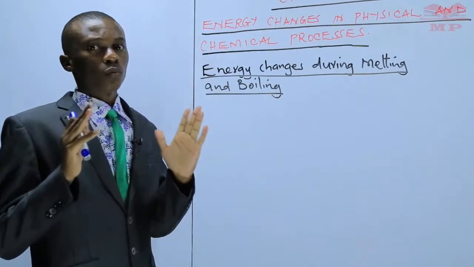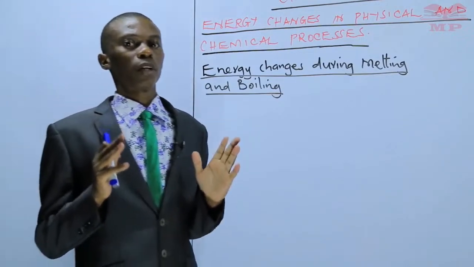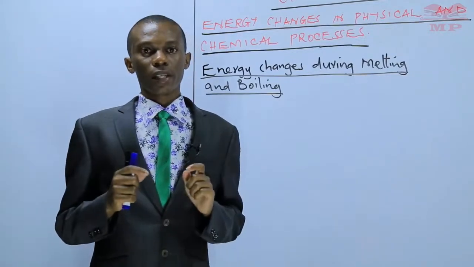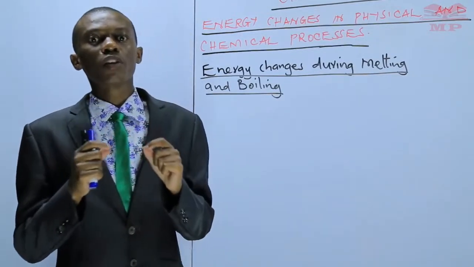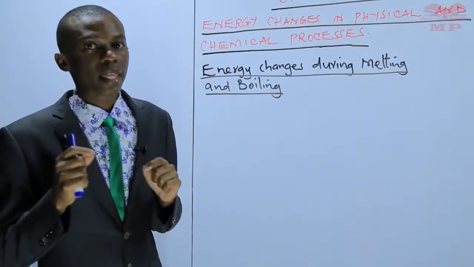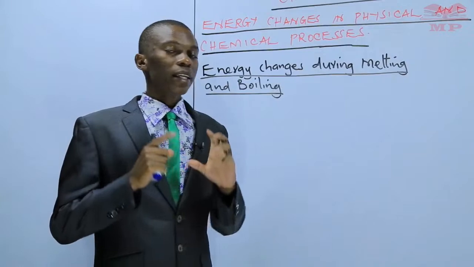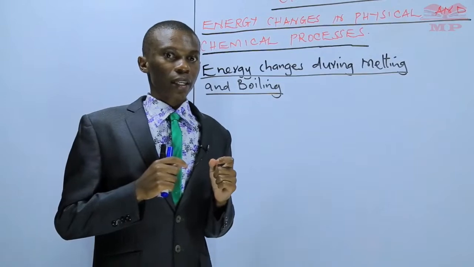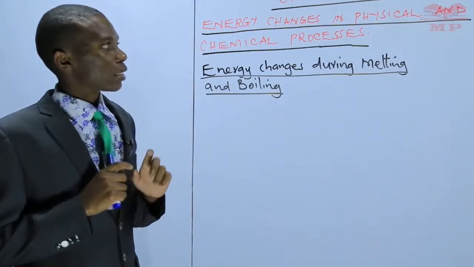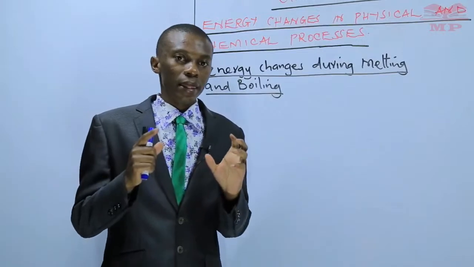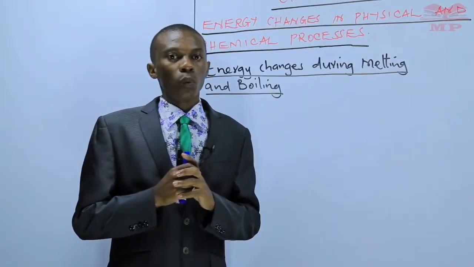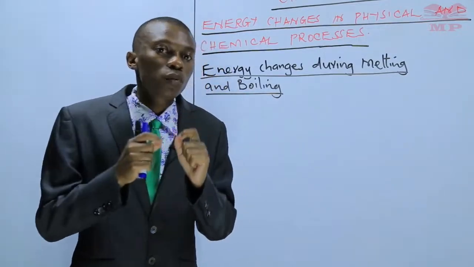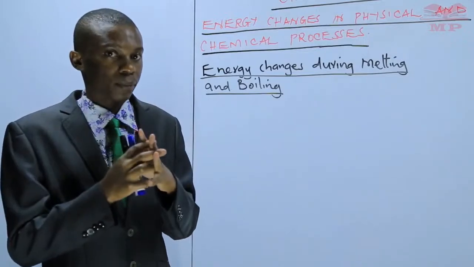Again, the molar heat of fusion and molar heat of vaporization can be used to illustrate the strength of intermolecular forces which are holding the particles together. If the molar heat of fusion is high, then it means that melting this solid will require more heat because the intermolecular forces of attraction are stronger.